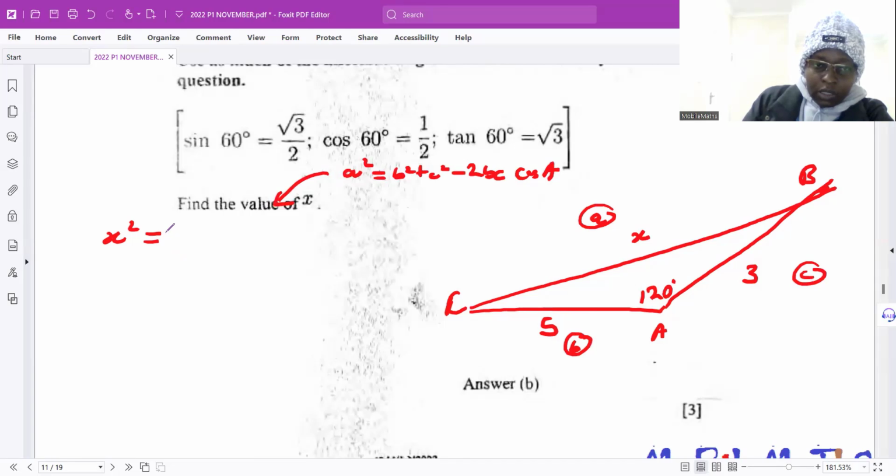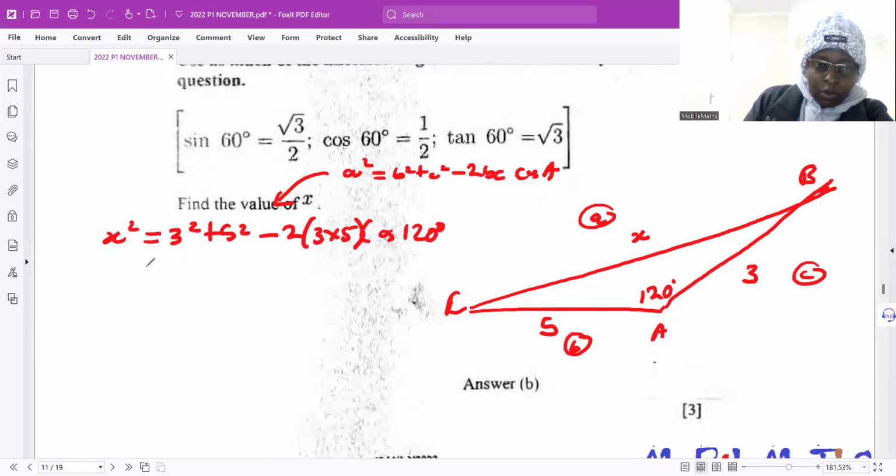X squared is equal to 3 squared plus 5 squared minus 2 by 3 by 5, then cos 120 degrees.